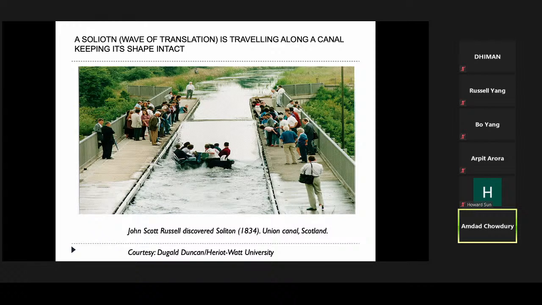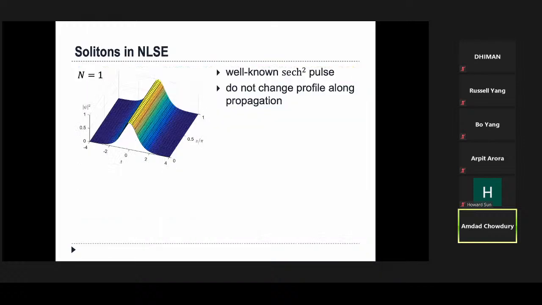Later it was observed in optics, there were a lot of studies, and people tried to apply it in various ways in optics. To give a bit more background on this wave, its mathematical form is sech squared.